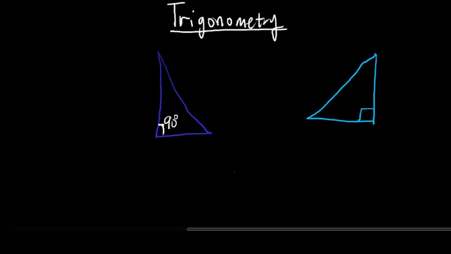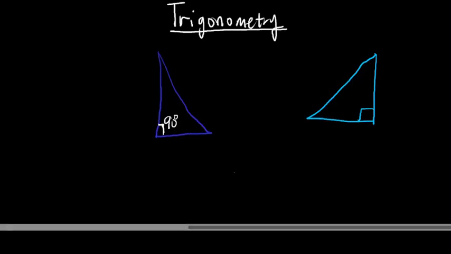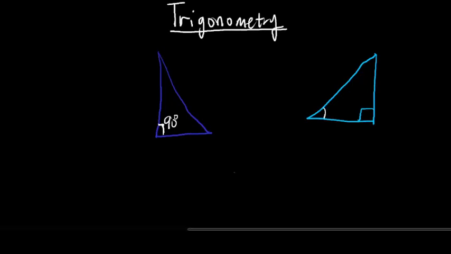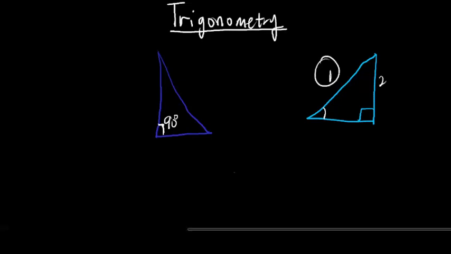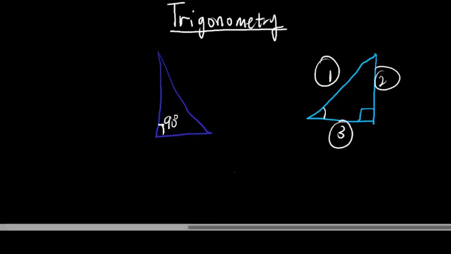Now moving on. So in trigonometry, we are studying how to work with this shape. We have three sides, this side, this side, and this side, and each of the sides has its own name. So we'll be looking at them one after the other.